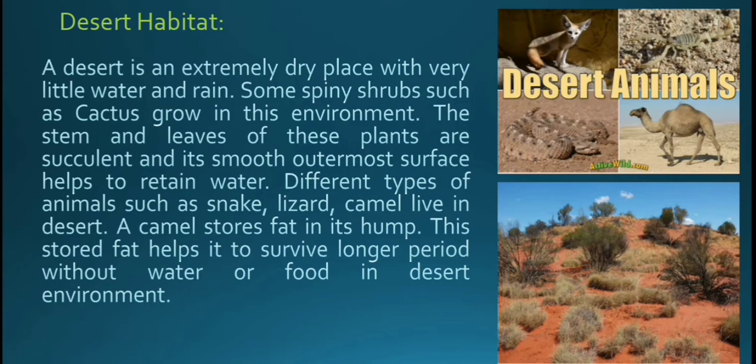The camel uses this fat when it doesn't get food or water. You know the camel is called the ship of the desert because it can live a long period without food or water, almost 14 to 15 days.